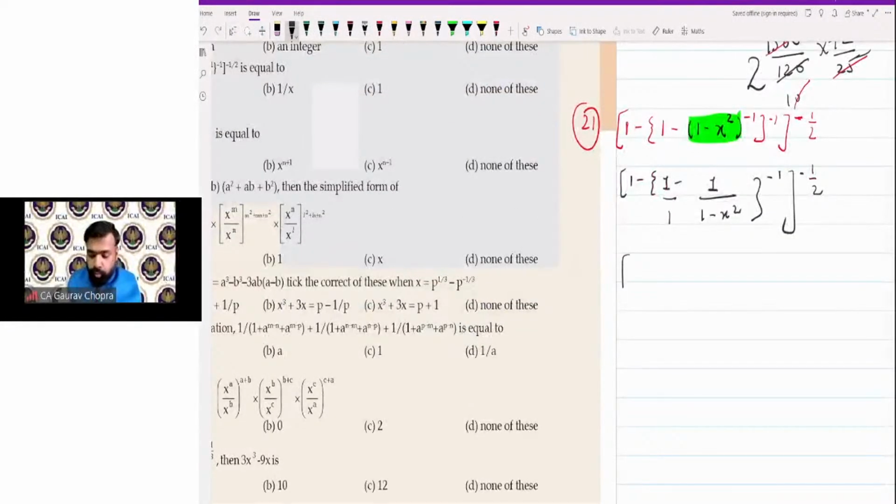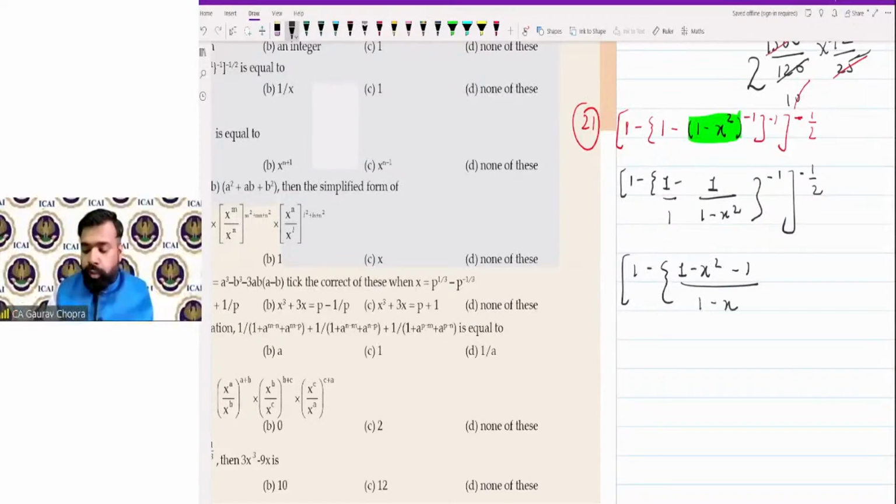So 1 minus bracket, LCM is 1 minus x square. This was the LCM. And then all the powers. So 1 and -1 will get cancelled. 1 minus 1 is getting cancelled. So what is left? Minus x square upon 1 minus x square is left, and whole to the power of -1.